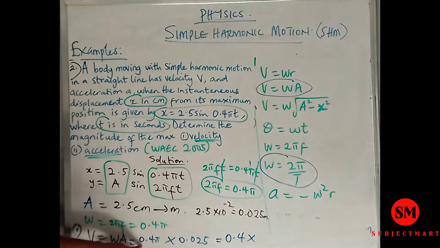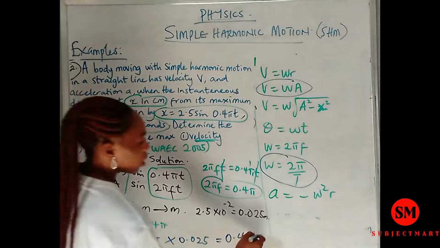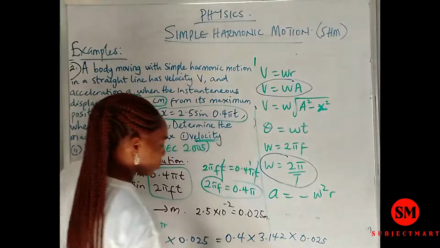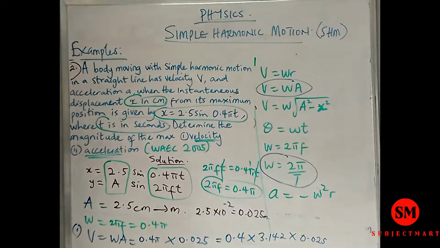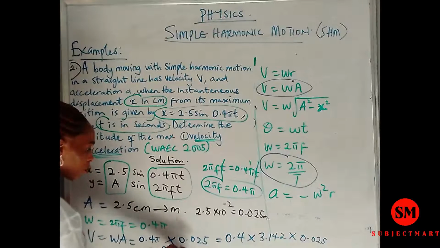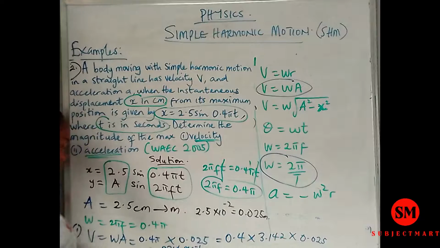We can write out the numerical value of pi, which is 3.142, times 0.025 multiplied by 0.4. That will give me 0.0314 meters per second. So our velocity v is equal to this.